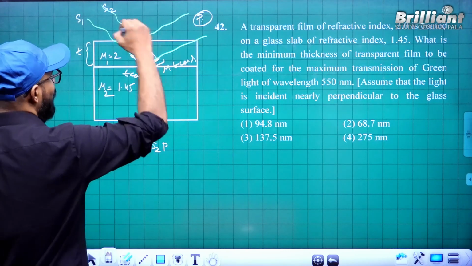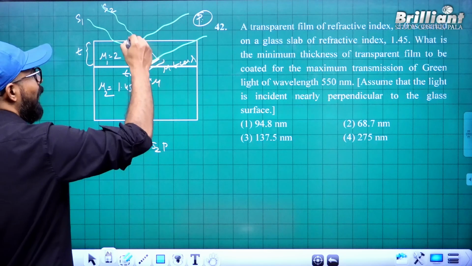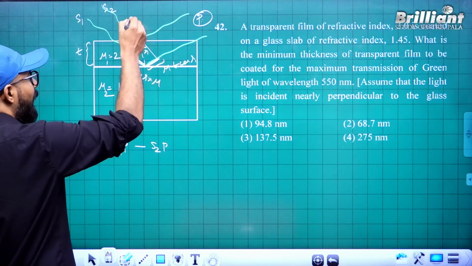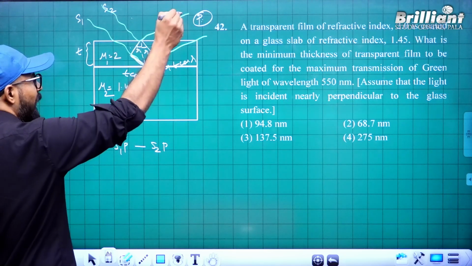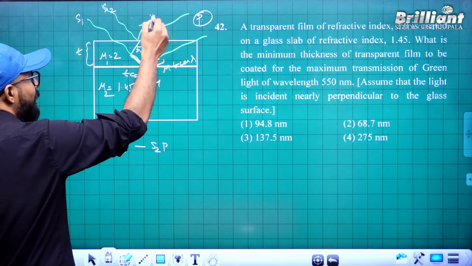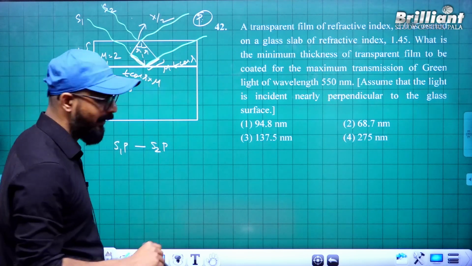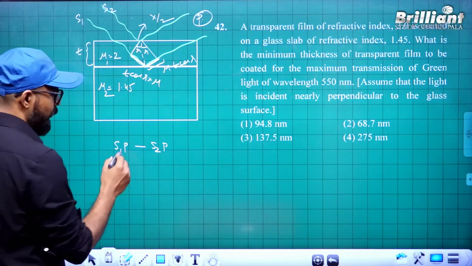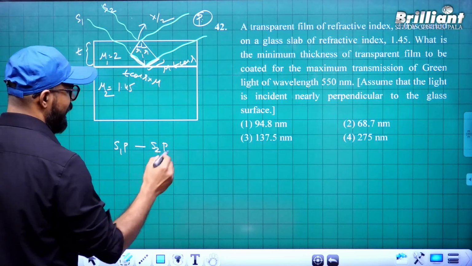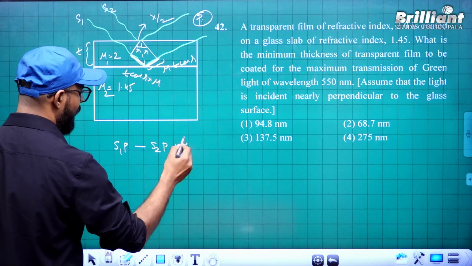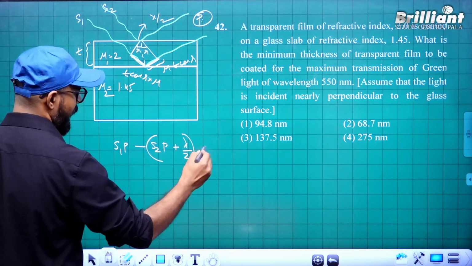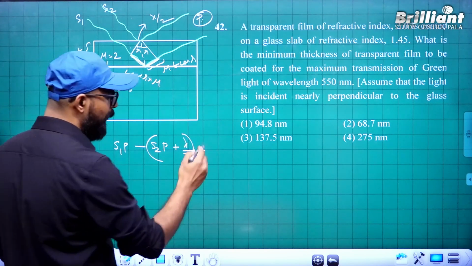This one travels a little longer than this, but because the light is traveling from rarer to denser and undergoing reflection, it will undergo an extra path difference of lambda by 2. Clear? So we have the condition S1P minus S2P plus lambda by 2 is equal to the minimum condition.